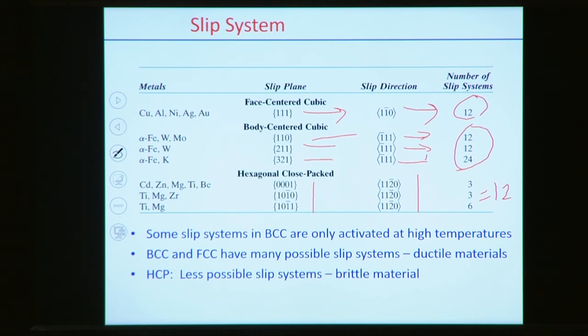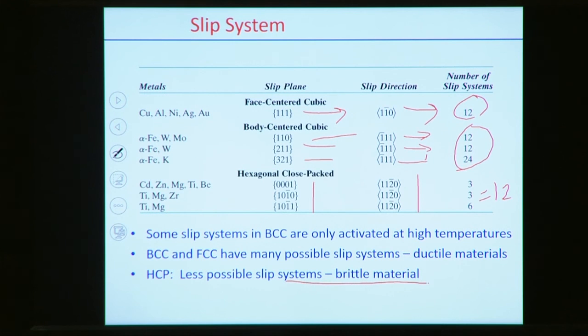So in summary, we can say that some slip systems in BCC are only activated at high temperatures, and BCC and FCC have many possible slip systems. So that's why this material is basically ductile in nature, but a material having a smaller number of slip systems is generally brittle in nature.